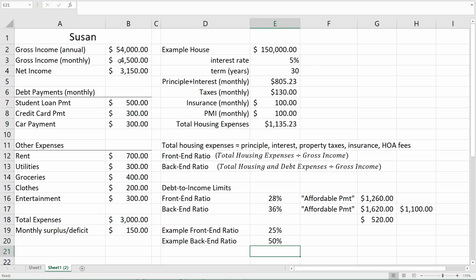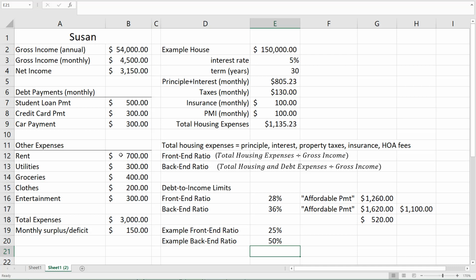considered pretty high. It's going to be hard to get a loan with a back-end ratio that high, and even more importantly than just getting a loan, it would probably just be a bad idea because that's going to make it very hard for her to afford to live.